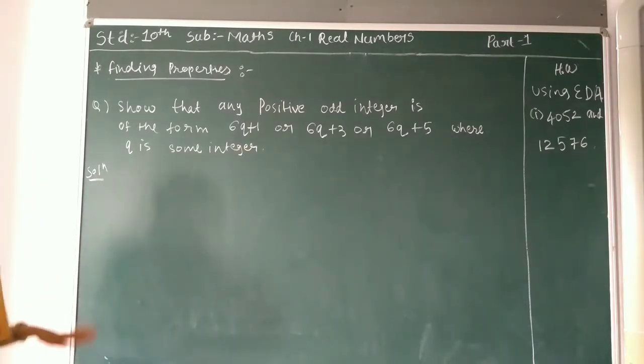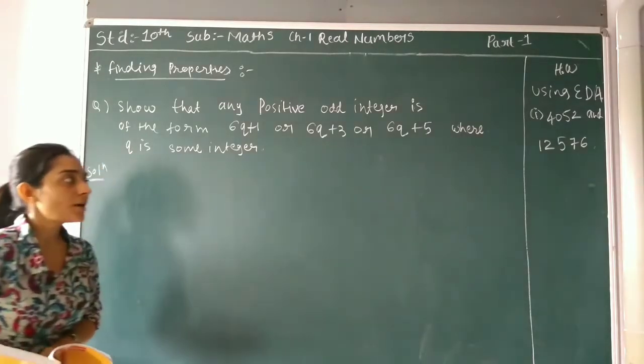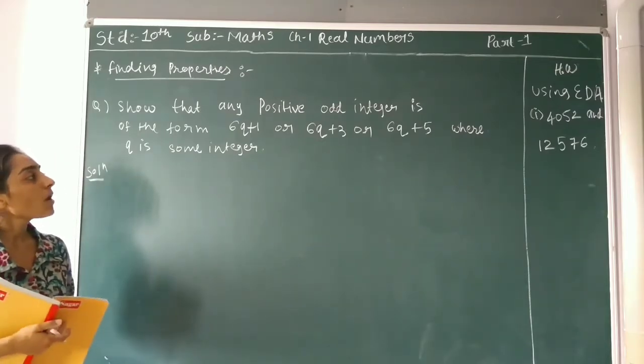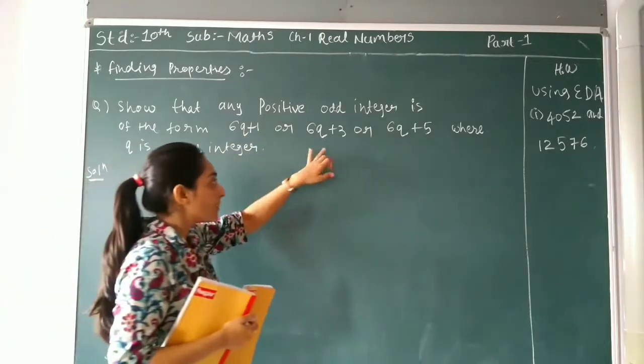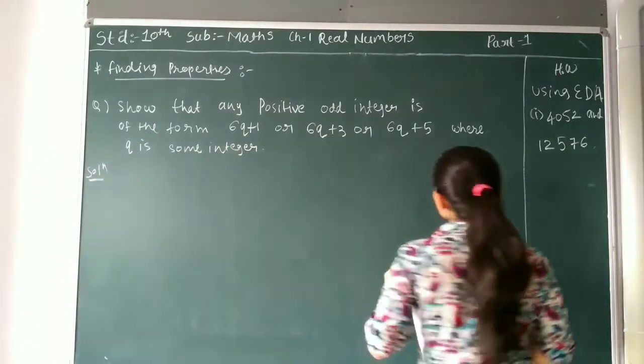We have to show that any positive odd integer is in the form 6q plus 1, 6q plus 3 and 6q plus 5.